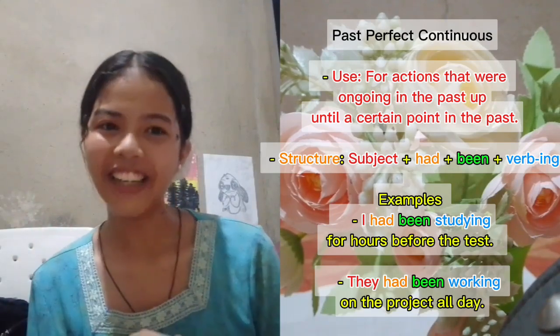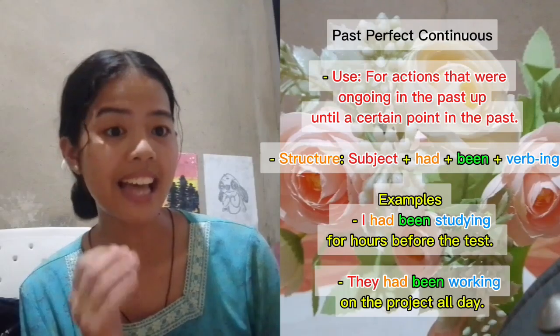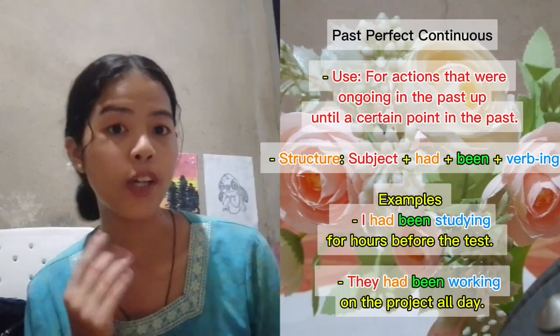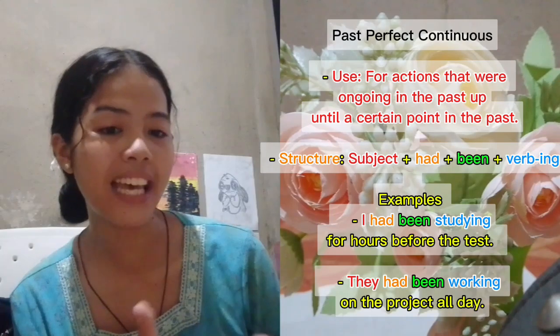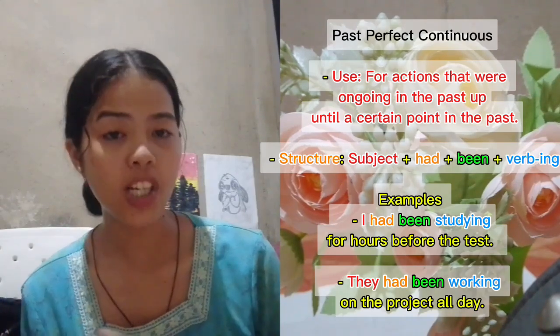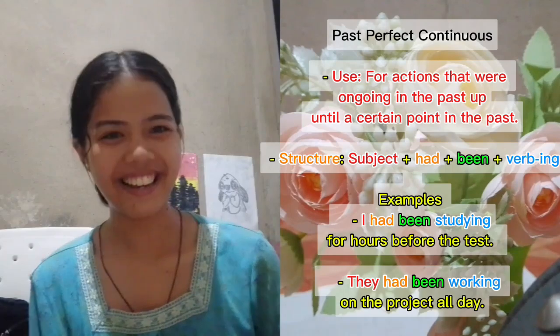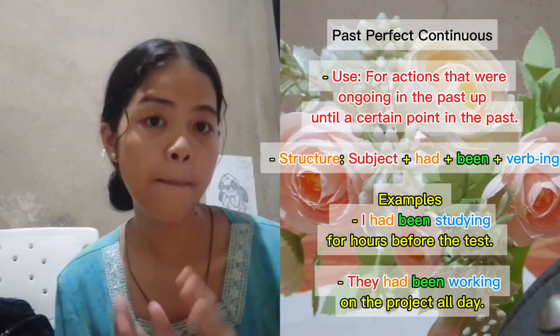Okay? Here are the examples. I had been studying for an hour before the test. Another example is they had been working on the project all day. So that's it. So those are the past tenses.